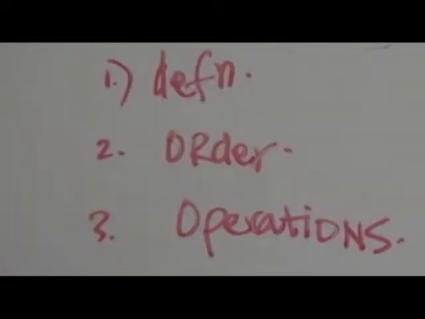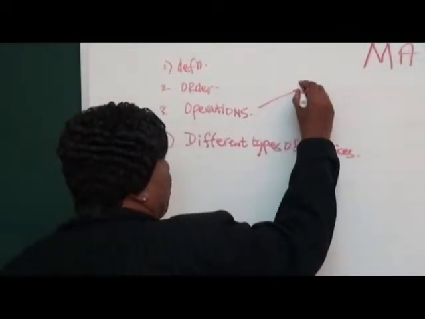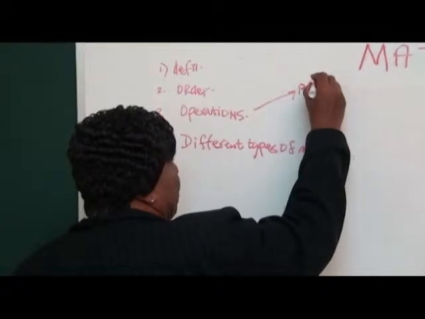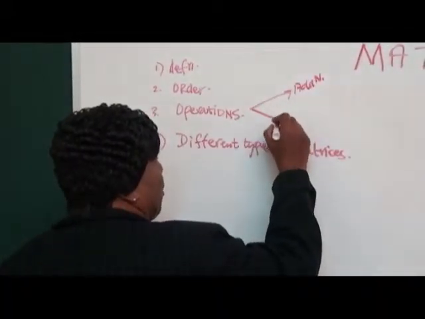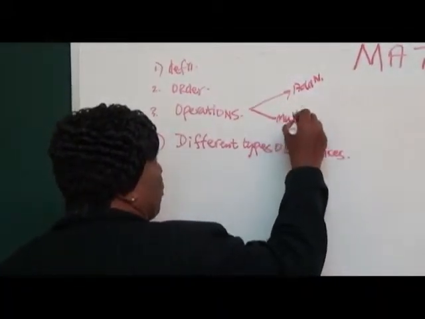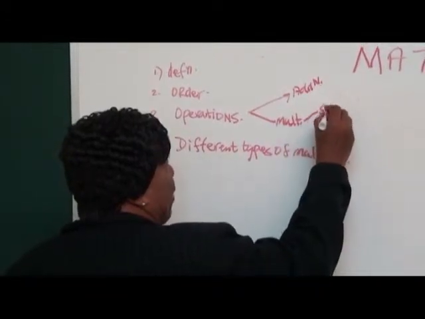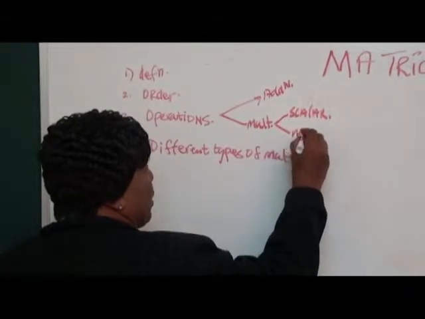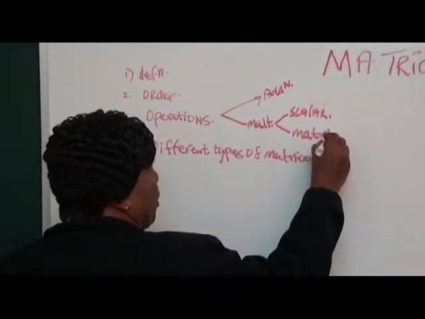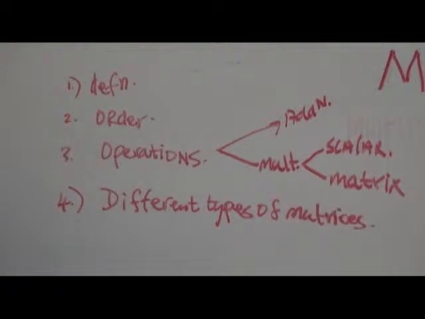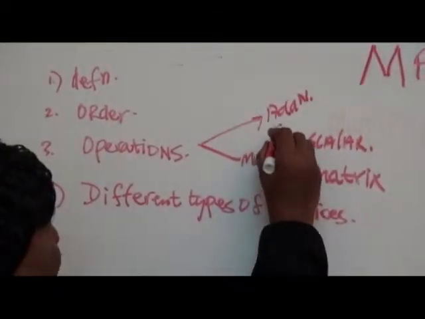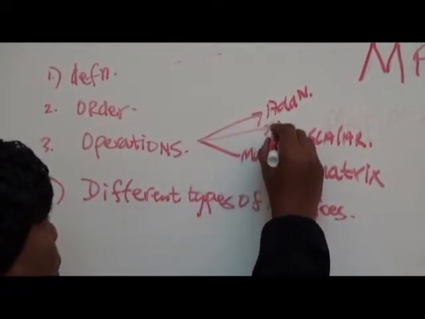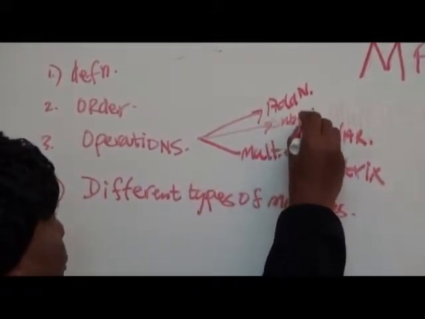In our operations, we're talking about addition, we're talking about multiplication, and this involves scalar and matrix multiplication. Our concern, and once we get into addition, we know subtraction follows right here too. Subtraction.